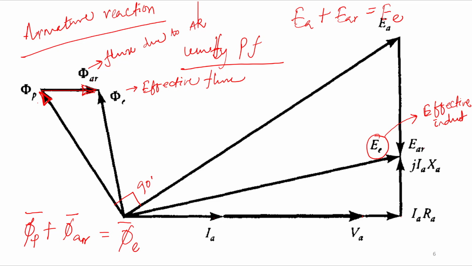This EAR is because of phi AR. EAR is induced lagging phi AR by 90 degrees, right? So EAR plus EA will give me the effective voltage, and this effective voltage will be equal to VA plus IA RA plus j IA XL.